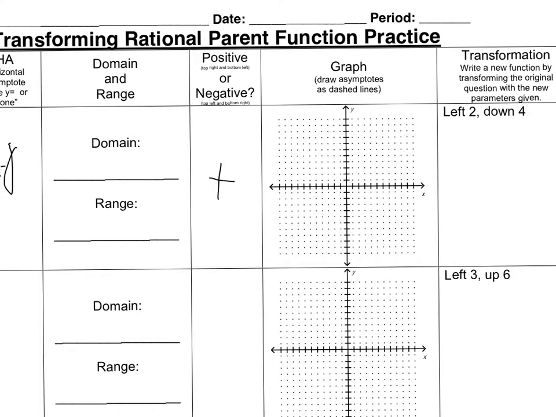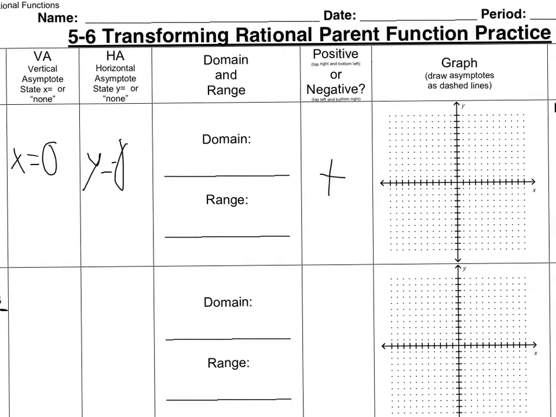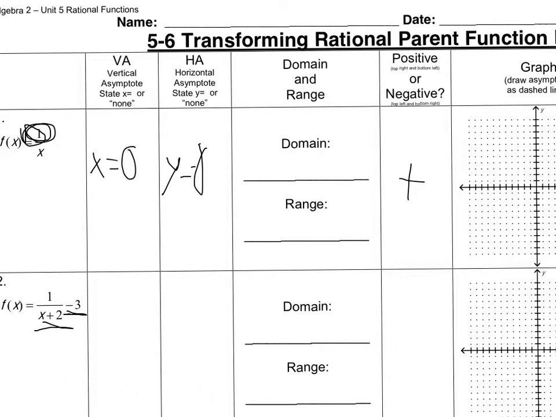Next is graphing your asymptotes, and to graph you look at your vertical and horizontal asymptote.